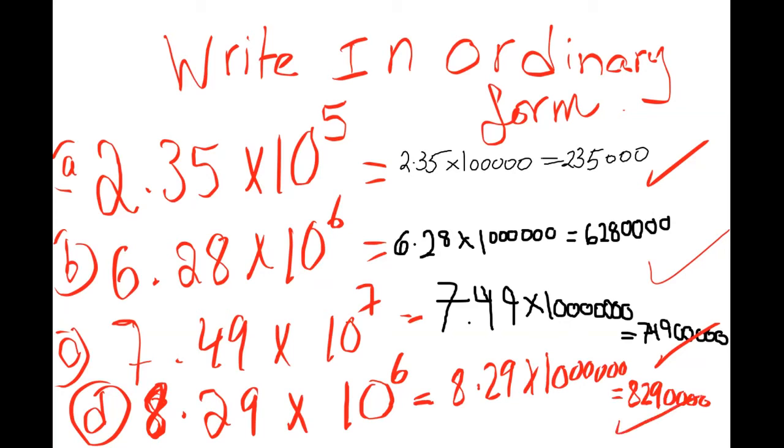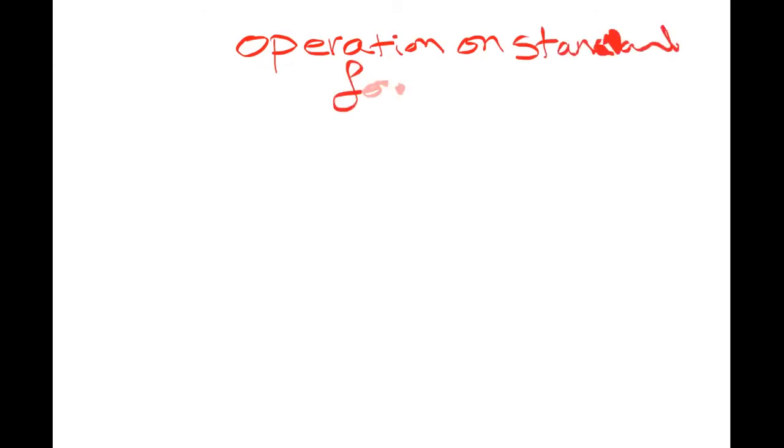Perfect. We have now covered how to write the number in standard form and also how to put it again in the ordinary form. Let's go to the operations on standard form. As you know, we have 4 different operations. Addition and subtraction are the same.